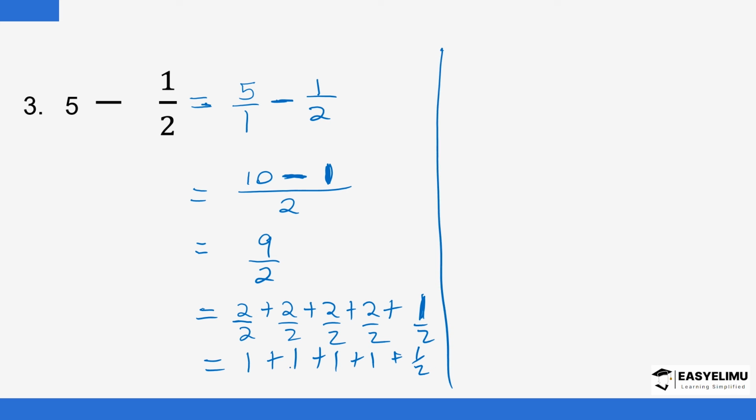So 1 plus 1 plus 1 plus 1 is 4, and plus 1 over 2. So 9 over 2 simplifies to 4 and 1/2.